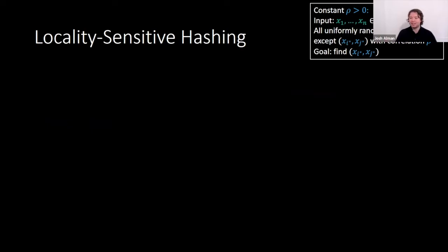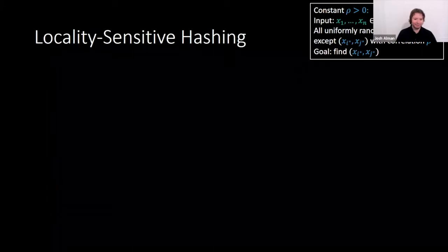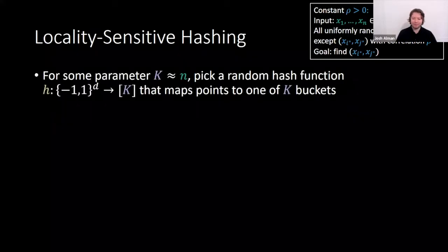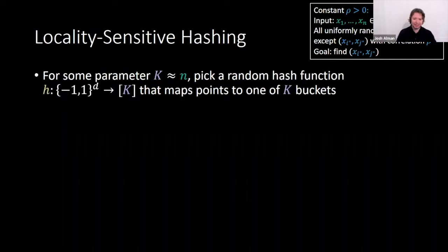Okay, so what is locality-sensitive hashing? For some parameter K, which for now, to be simple about it, I'll think of as close to n, I'm going to pick a random hash function that maps vectors of length d to one of K different buckets. And I'm going to want my random hash function to have two properties.